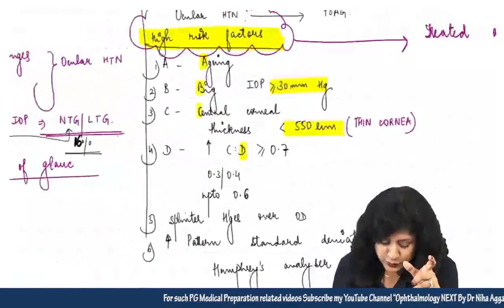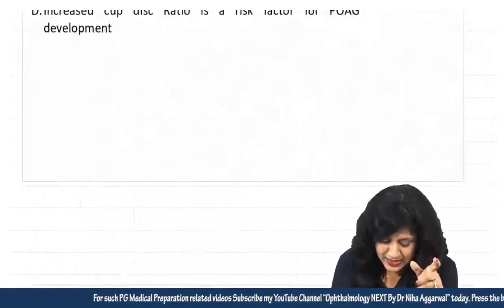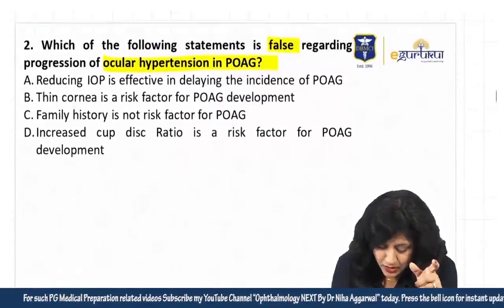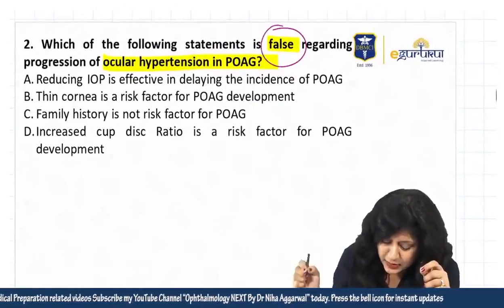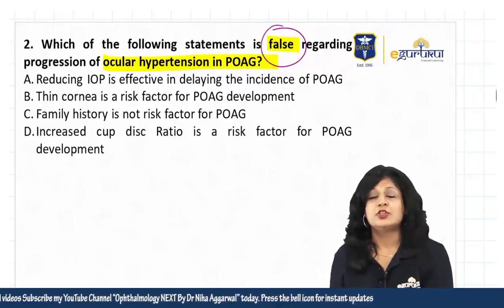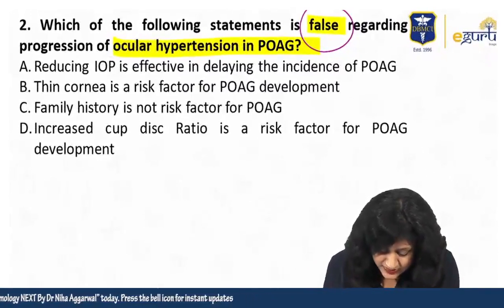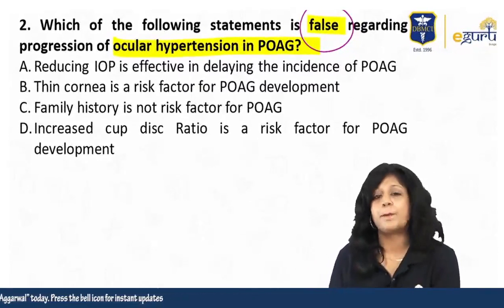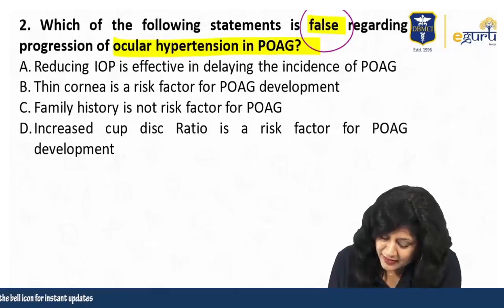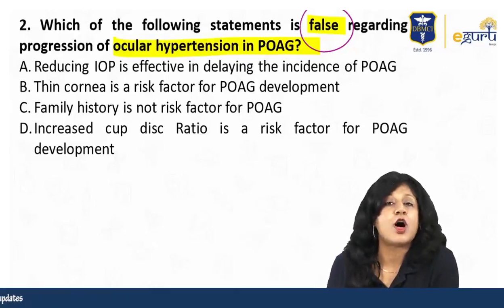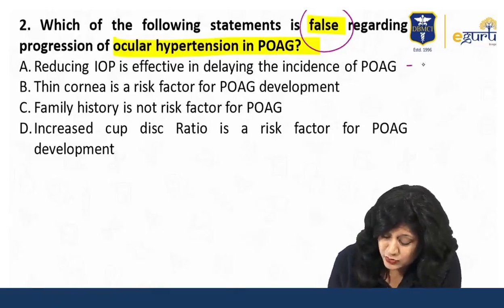Now, if you see this question, what they are trying to say: which of the following statements is false? So let's see which is a false statement. Option A: reducing the IOP is effective in delaying the incidence of POAG. So this is actually a true statement.